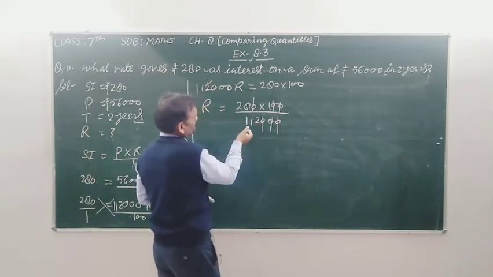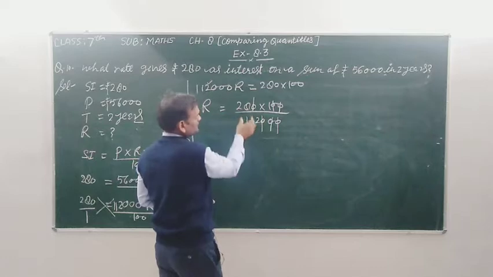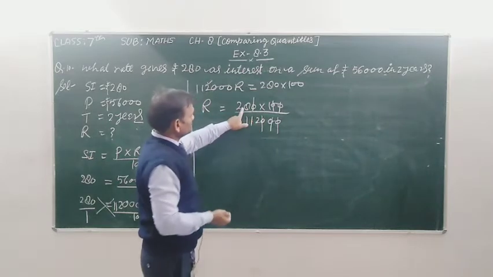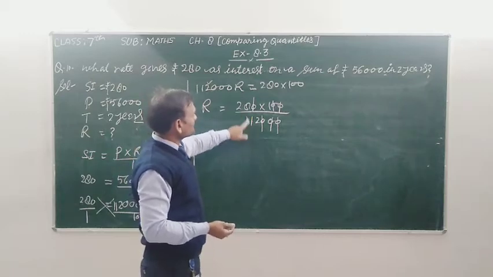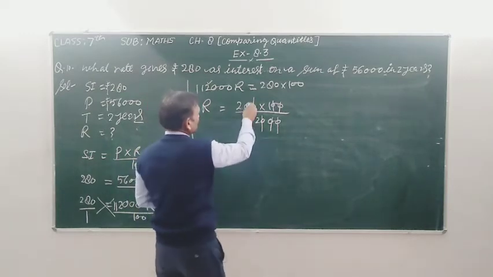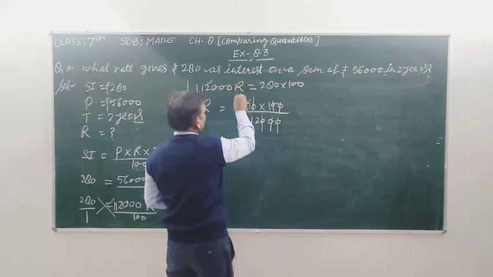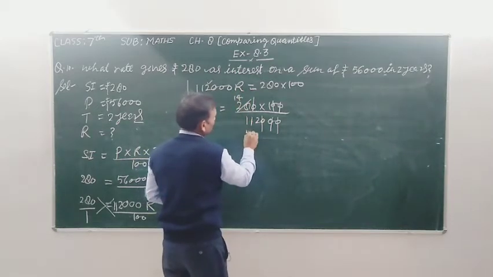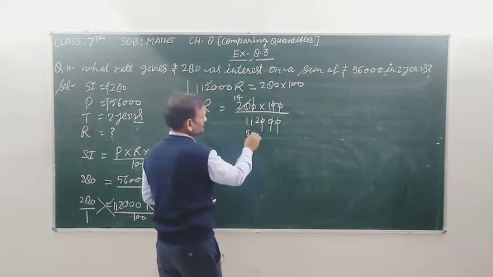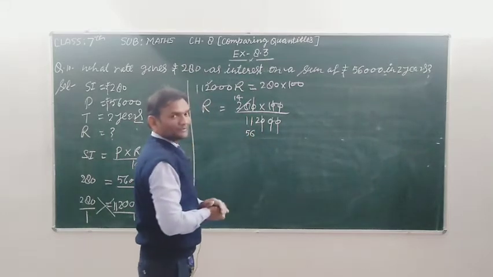Now write in simplest form 28 and 112. These two numbers are in the table of 2, so divide by 2. 2 ones are 2, 2 fours are 8, and 2 fives are 10, 1 is 11, 2 sixes are 12.